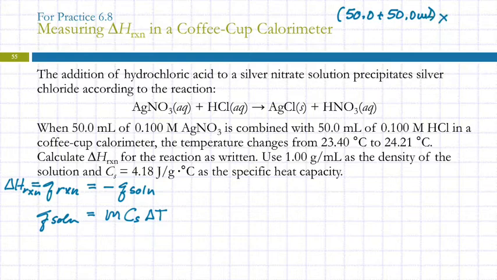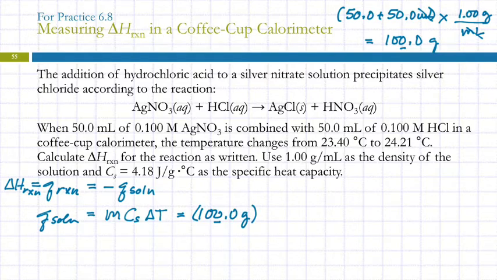And we can use the density to convert that to grams. Milliliters cancel out. And so that's telling us we have 100.0 grams, the mass of the solution. So the mass is 100 grams.